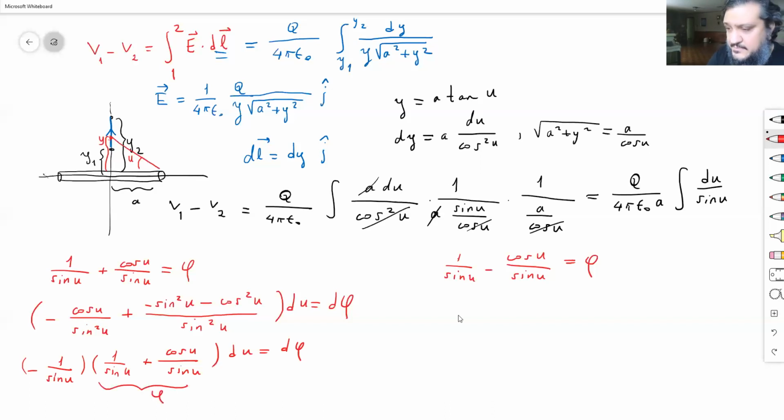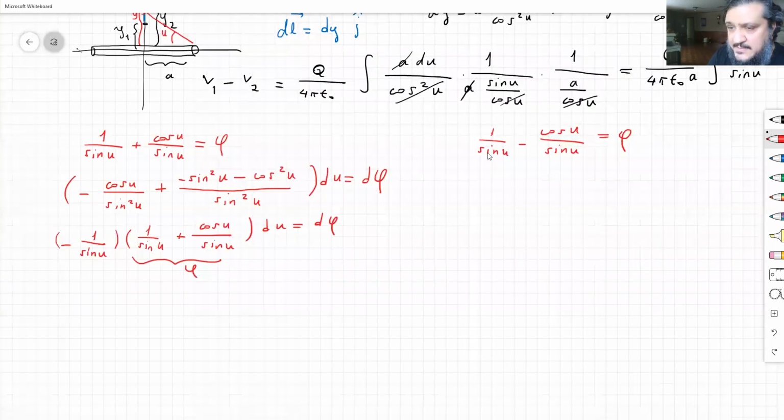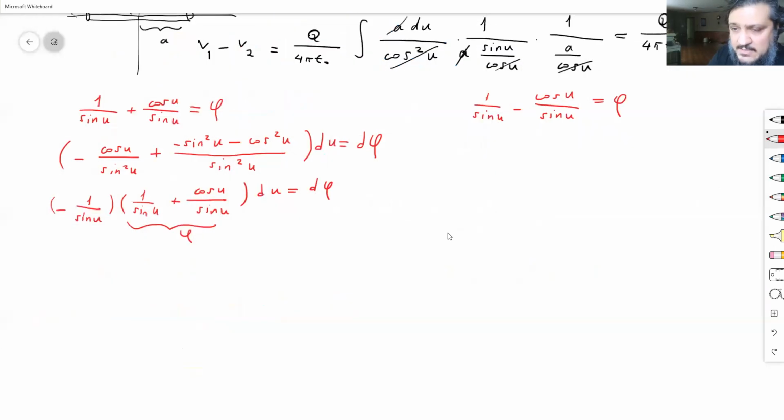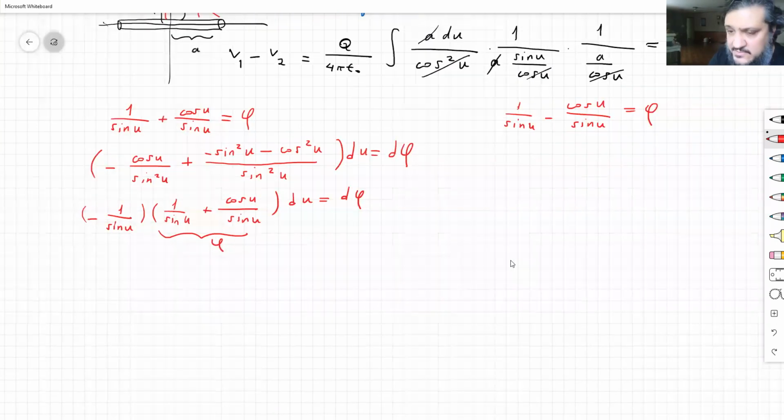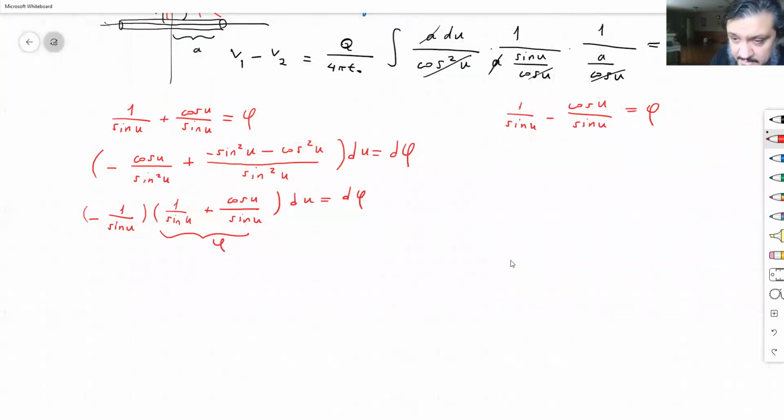All right, so using this substitution, the integral, what was the integral? Q over 4 pi epsilon 0 a. Let me just write the integral. du over sine u becomes negative integral of d phi over phi.